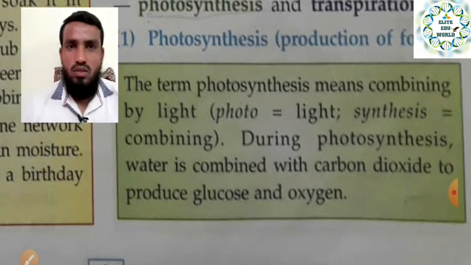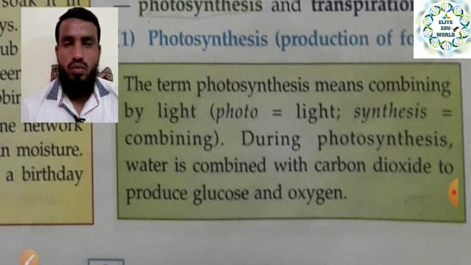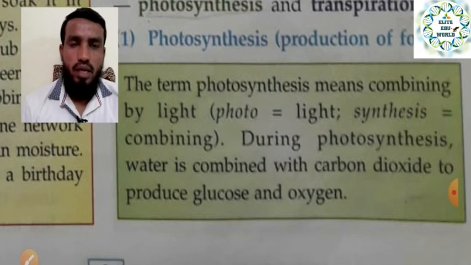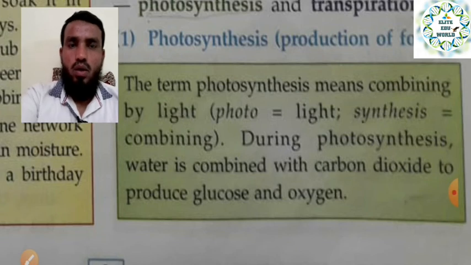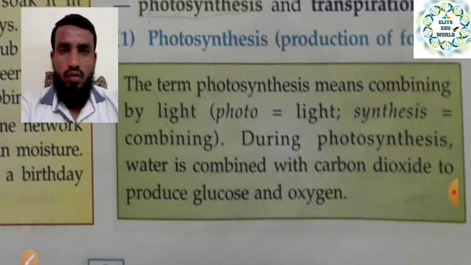In the presence of sunlight, water and carbon dioxide combine and produce glucose. So you can say photosynthesis is the combining of carbon dioxide and water molecules in the presence of sunlight. It produces glucose, and that is the food for the plant.